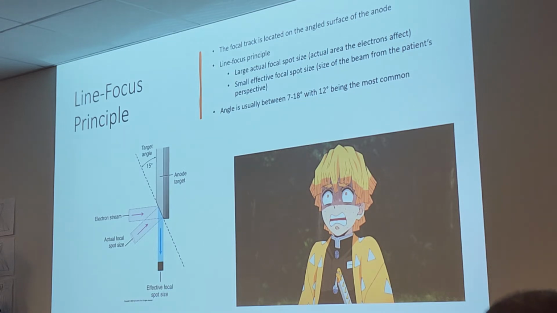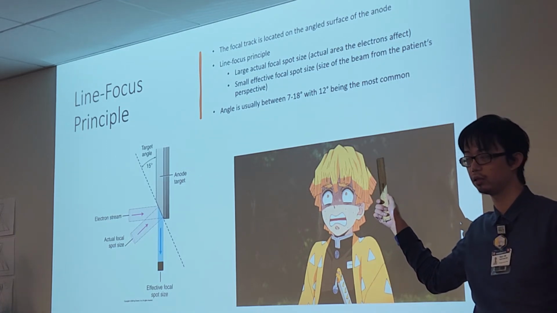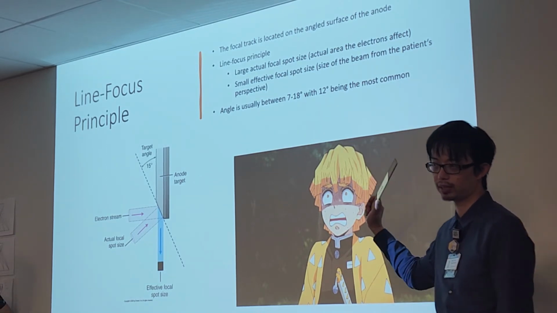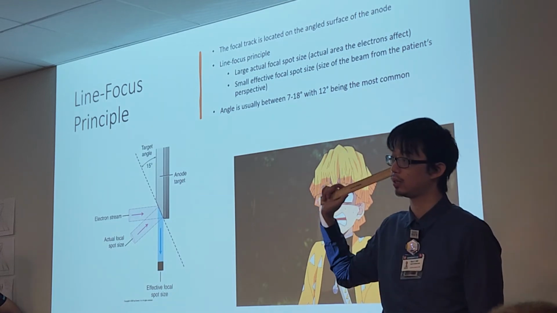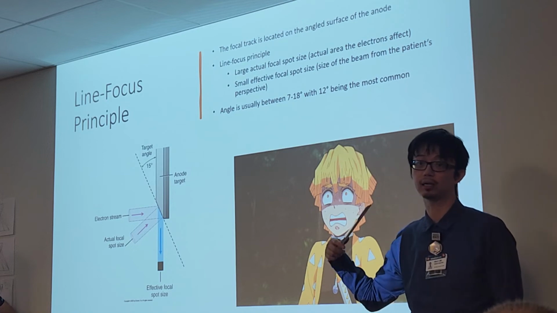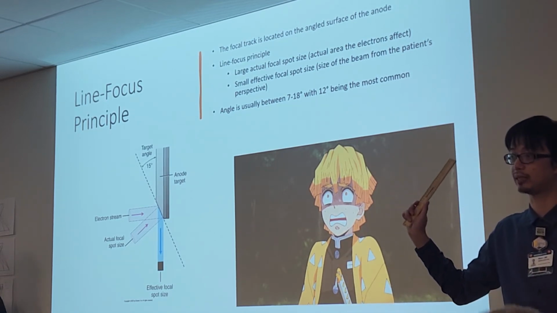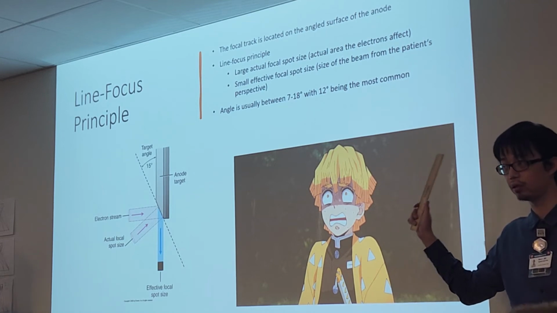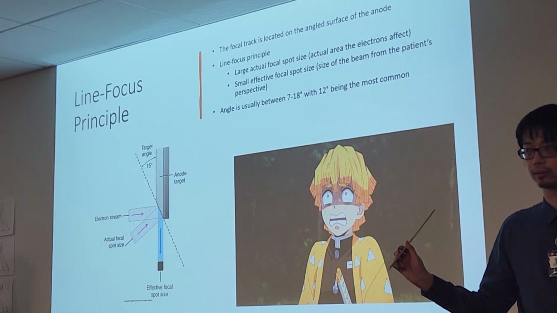Correct. In general, if the actual focal spot size gets bigger, the effective focal spot size also gets bigger. So heat and sharpness are connected. Increasing actual focal spot size lets you spread out heat better, but at the cost of image sharpness.